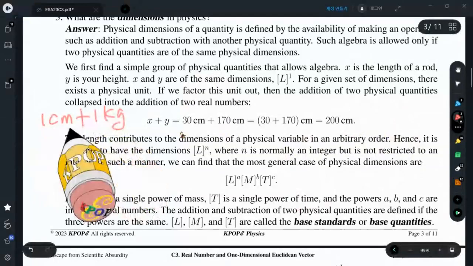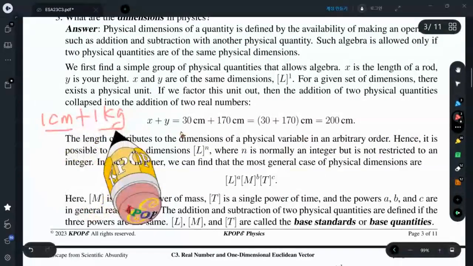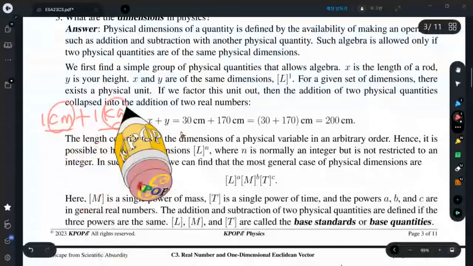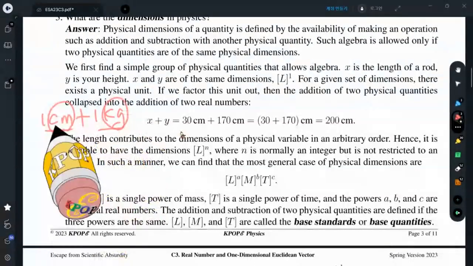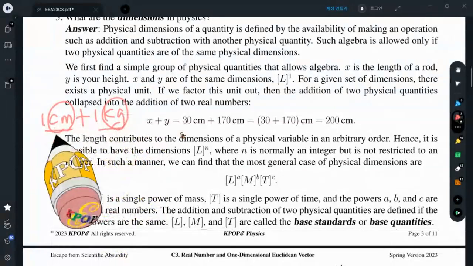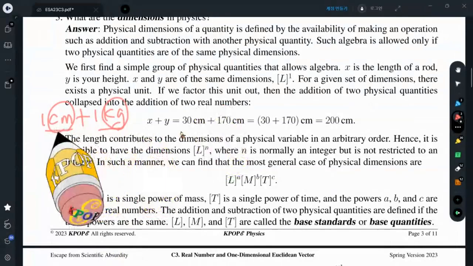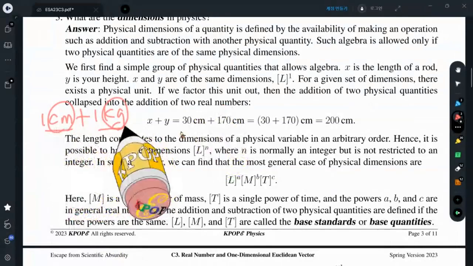Can we add them up? Impossible. Why? Because their physical dimensions do not match each other. So it is allowed to add two physical quantities only if the two physical dimensions are the same.